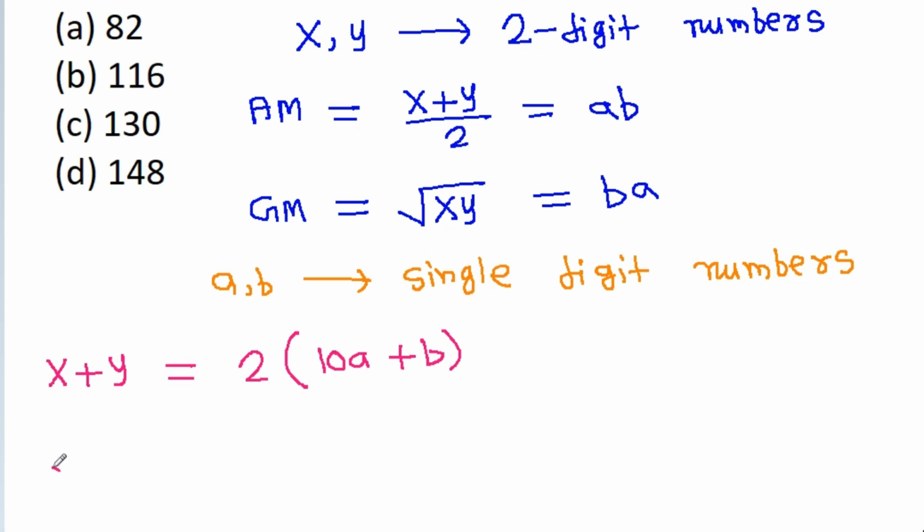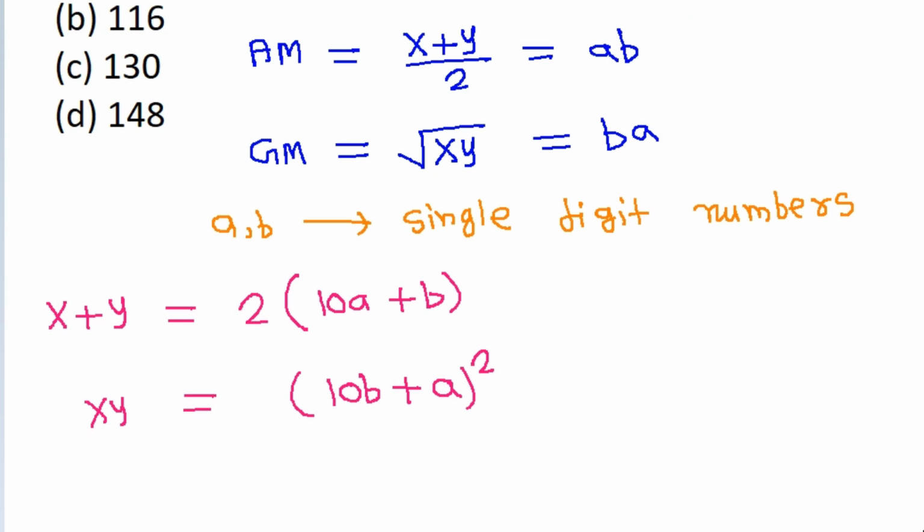And we have root xy is equal to BA, and BA can be written as 10B plus A. Or we can write xy is equal to (10B plus A) whole square.